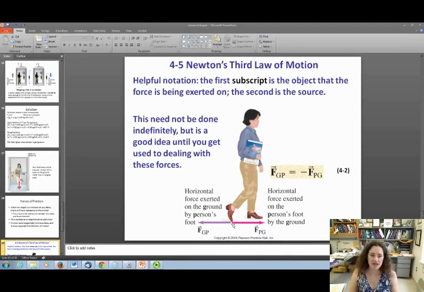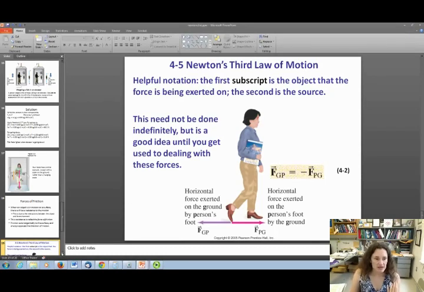And then FGP, you flip the order of the subscripts, is the force of the ground on the person. So via the action-reaction of Newton's third law, FGP will be equal to negative FPG. That's just because the negative sign indicates a change in direction, going in the opposite direction.